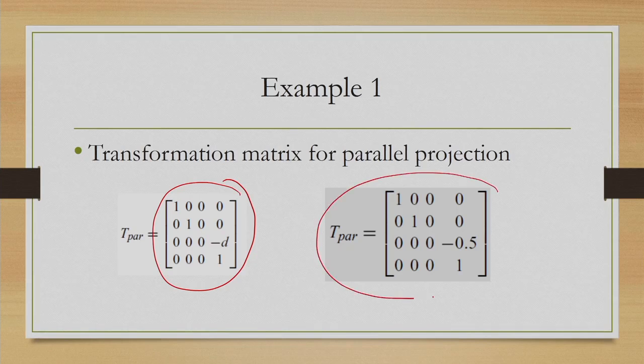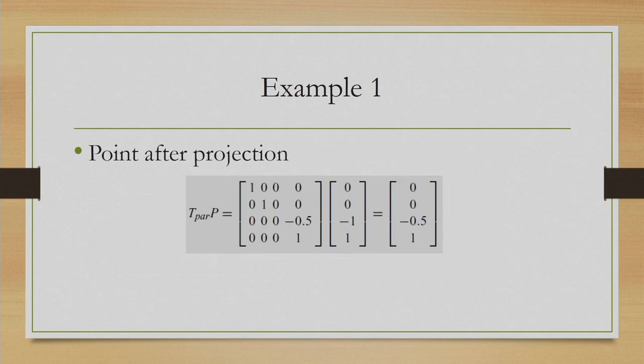So, this is our parallel projection matrix. So, if we use this matrix and perform the matrix multiplication here, the projection matrix and the point vector, then we get this point as the projected point on the view plane. Now, here since the homogeneous factor is 1, our point is directly obtained.